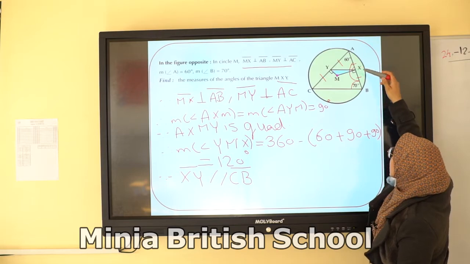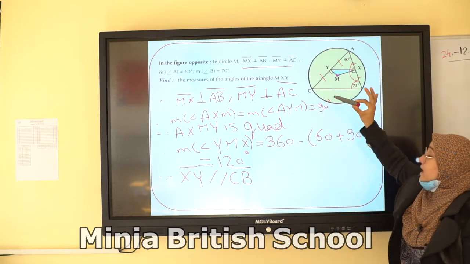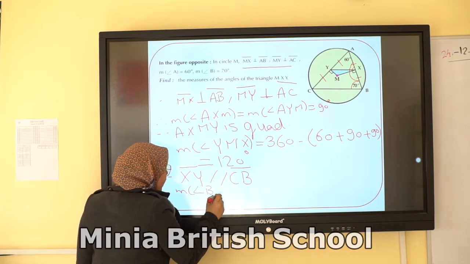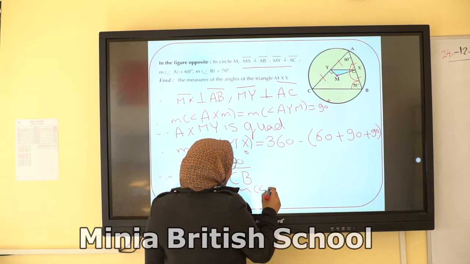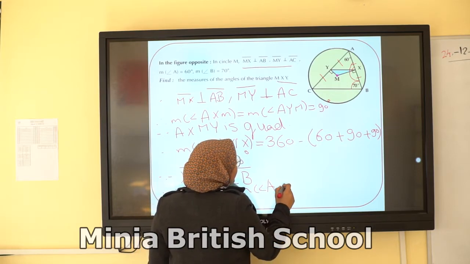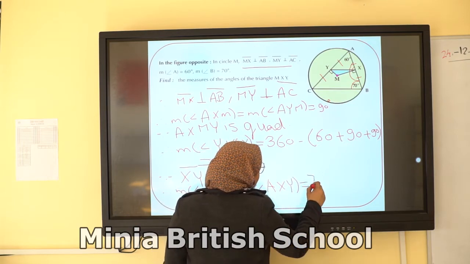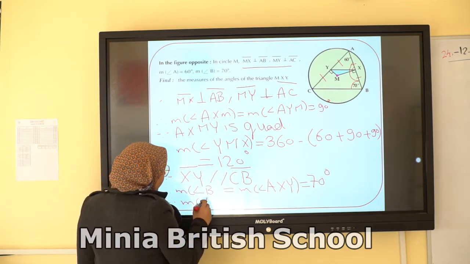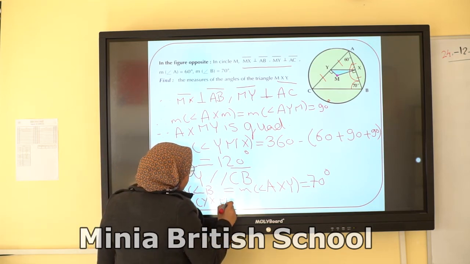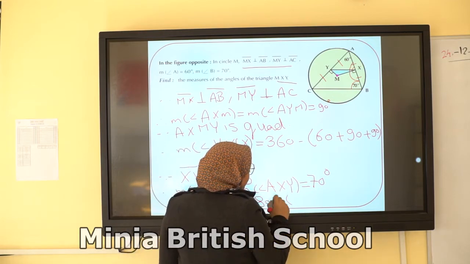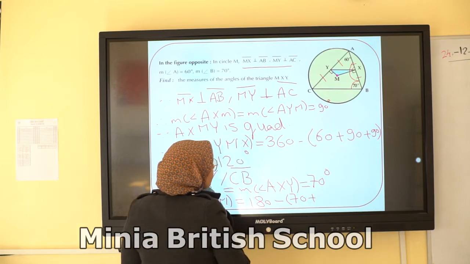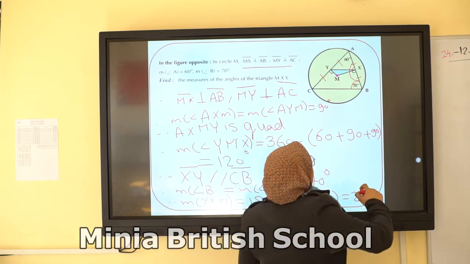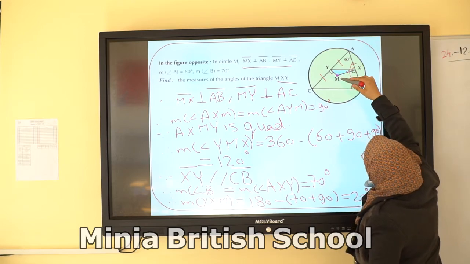Therefore, the measure of angle AXY equals 70 degrees, and angle YXM equals 180 minus (70 plus 90) equals 20.